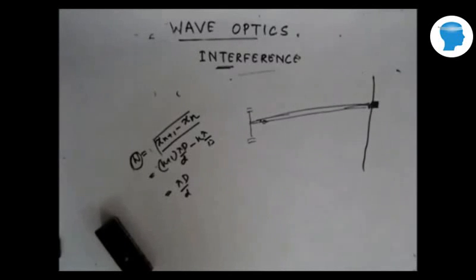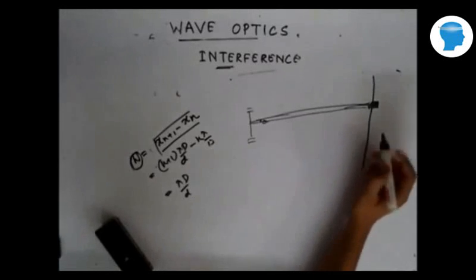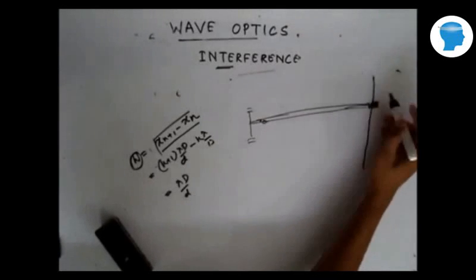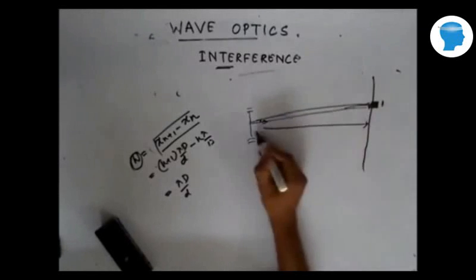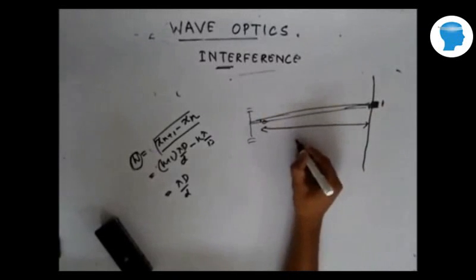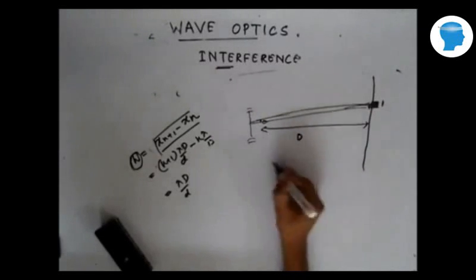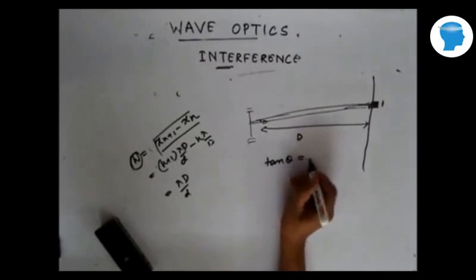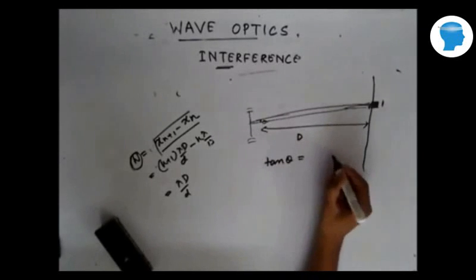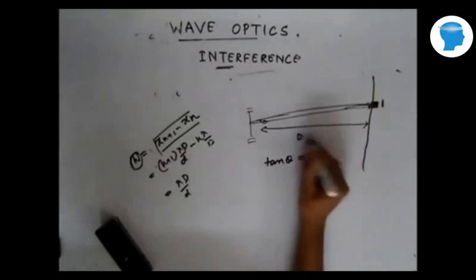Now we can find this by dividing this width by this length, that is D, because tan theta is equal to this by this.